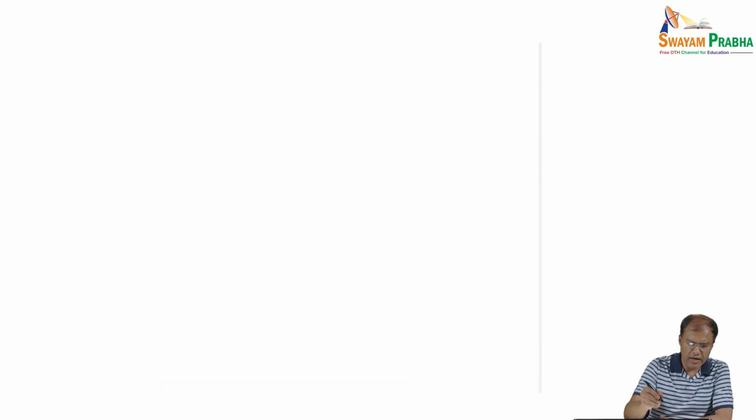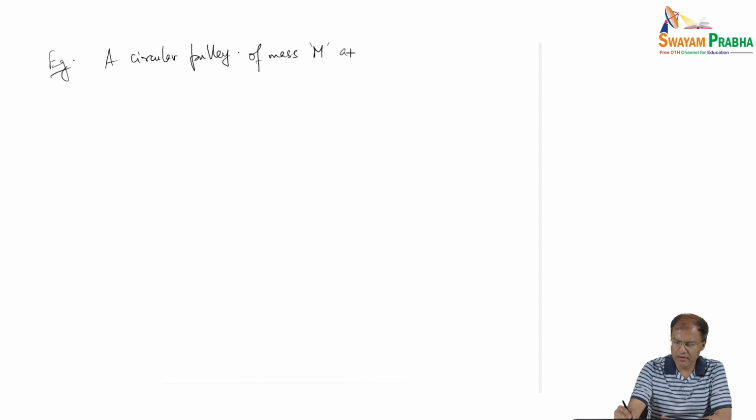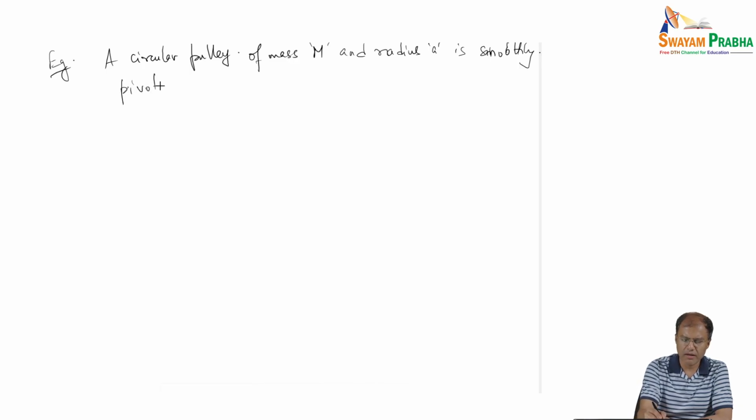So let us now look at an example. Suppose we have a circular pulley of mass M and radius a, and it is smoothly pivoted about an axis, let's say O, j.